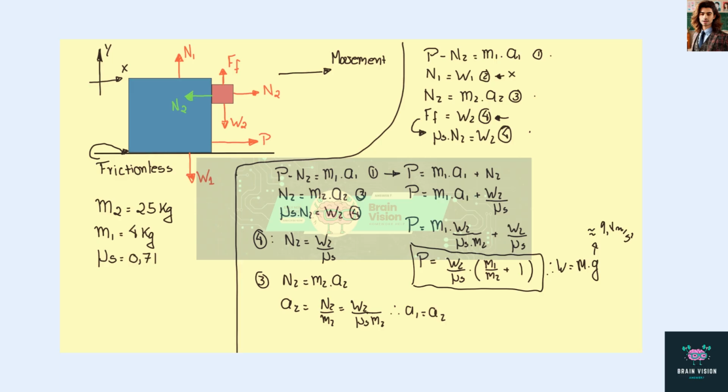So, plugging in the values that the problem gives us, we get P is equal to M2, 25, times g, 9.8, divided by mu static, 0.71, times the quantity M1, 4, divided by M2, 25, plus 1. Then, P is approximately 400 newtons, or 4 times 10 to the second newtons.